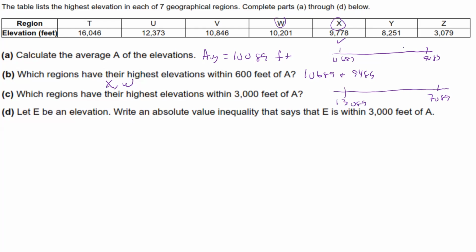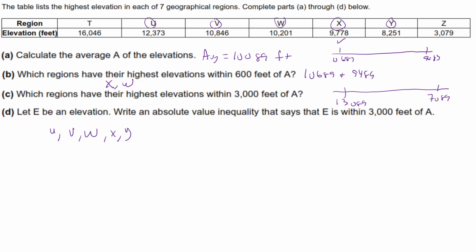So it's going to be this one, this one, this one, this one, this one, but not that one. So 1, 2, 3, 4, 5. So I guess U, V, W, X, and Y.